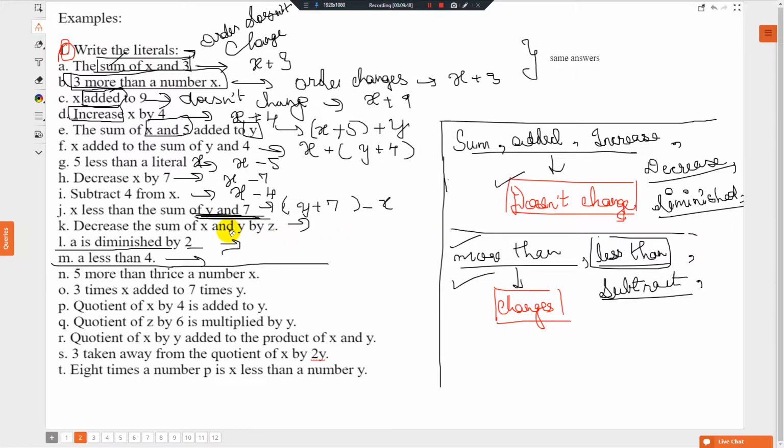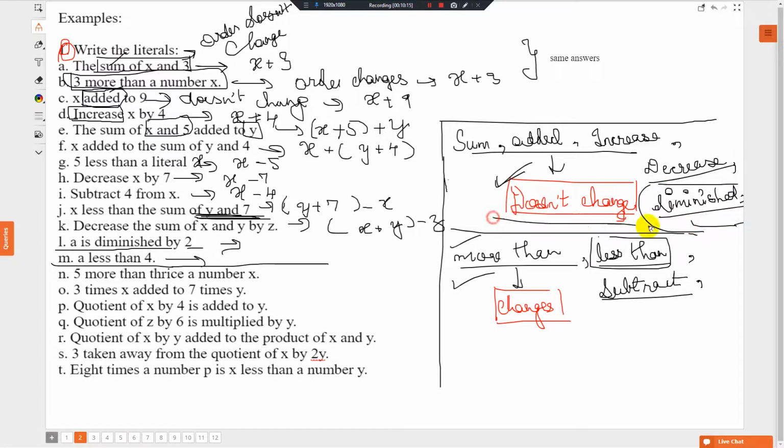Now here, decrease the sum of x and y by z. When decrease comes, this does not change. So that will be x plus y minus z.